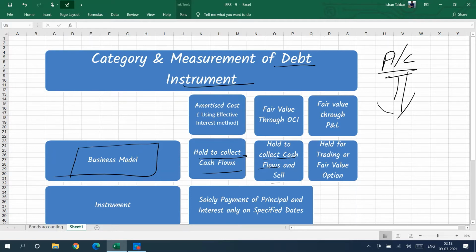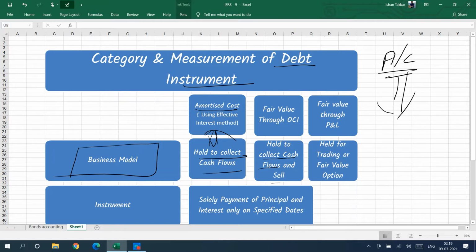And that debt instrument is generating return purely vanilla interest, a simple lending arrangement, nothing derivative, nothing like that. Pure lending arrangement is there. Then you need to record that asset at amortized cost. How to calculate the amortized cost, we will see in just a matter of a few minutes.